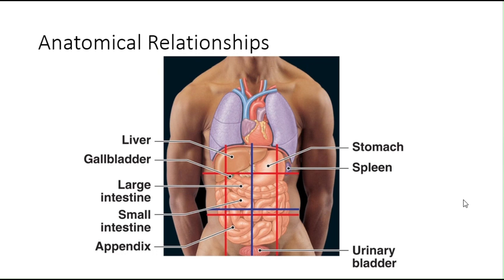Where is the pain? The pain is located at the right hypochondrium. It could be related to the liver or gallbladder. If it is at the epigastric region, it could be because of the stomach. So it is important for us to memorize these regions.